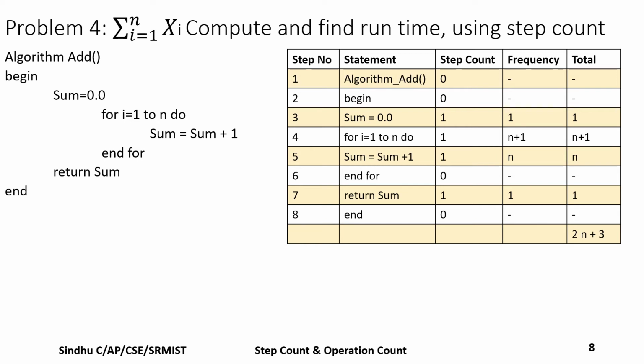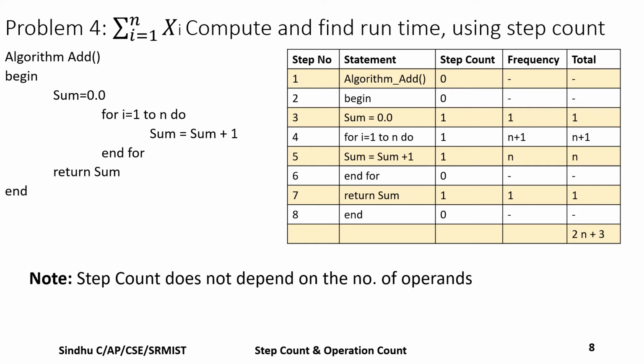The return statement, as we already saw, has step count 1 and frequency of occurrence 1. So 1 into 1 is 1. Finally, end is a non-executable statement. So totally you have 1 plus n plus 1 plus n plus 1, which adds to 2n plus 3.